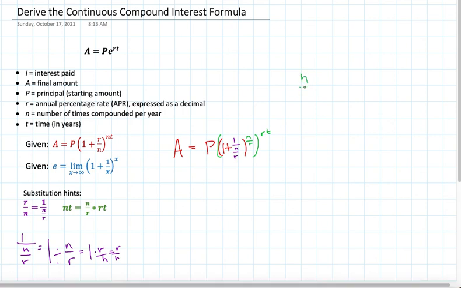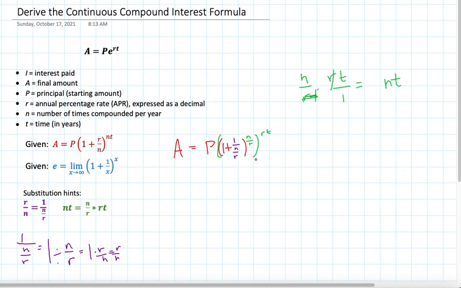And multiplying n over r times rt is just going to give you nt. So that's why we could replace nt with n over r and then raise to the power of rt.